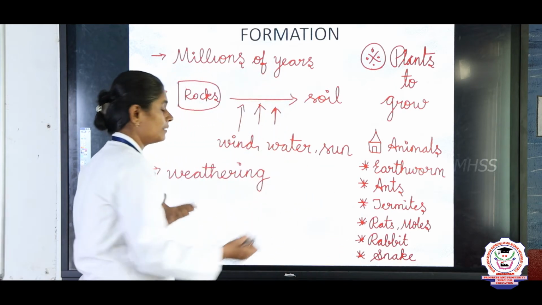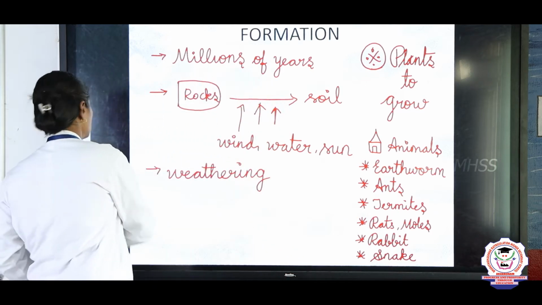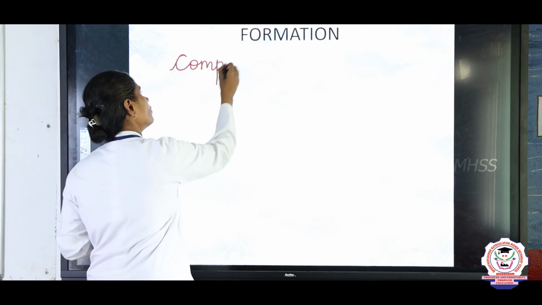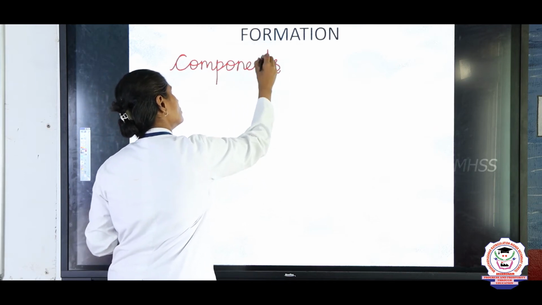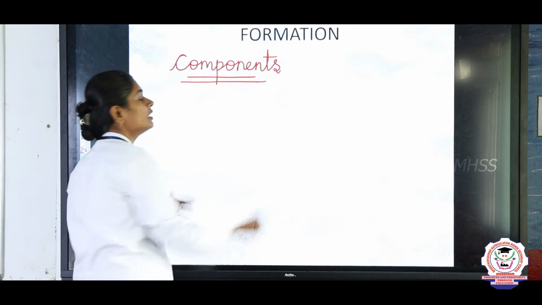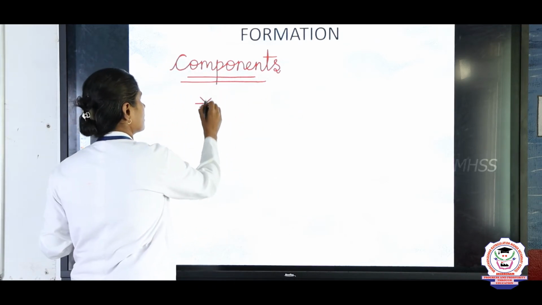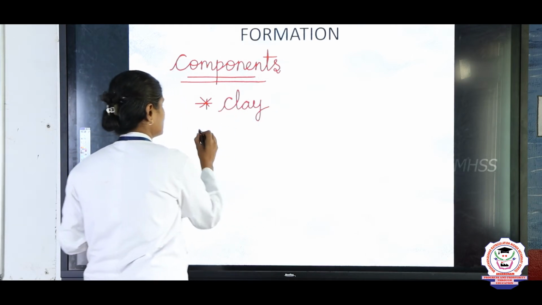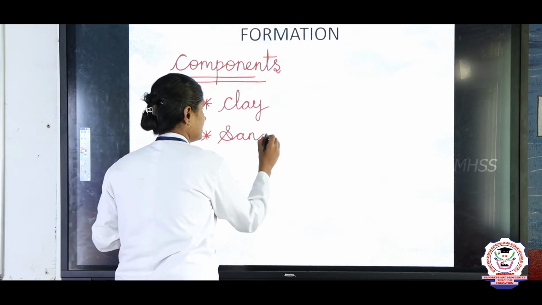Now let us see what the soil contents are. Soil contains components, C-O-M-P-O-N-E-N-T-S. Components means what the soil contains. The soil contains clay particles, clay, kalimannu they will say, sand particles, S-A-N-D, sand.